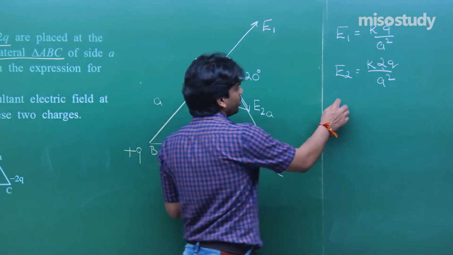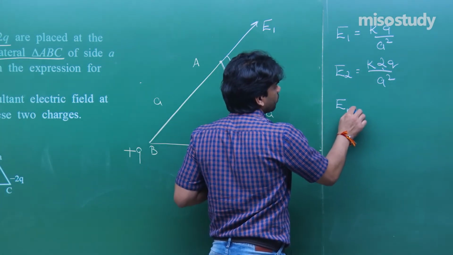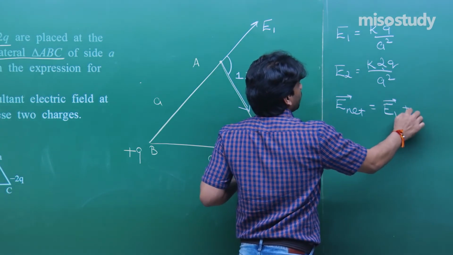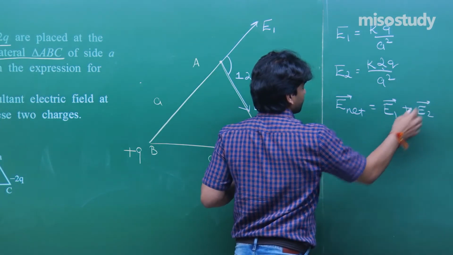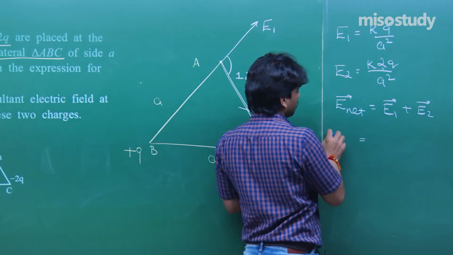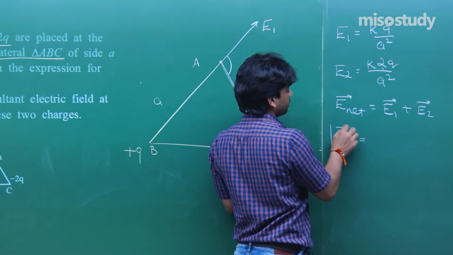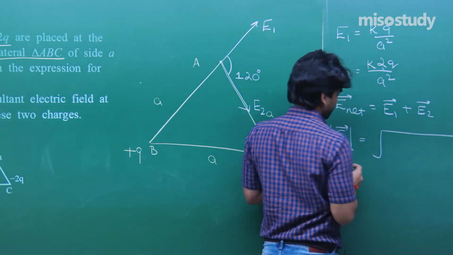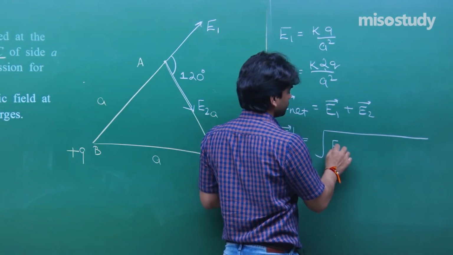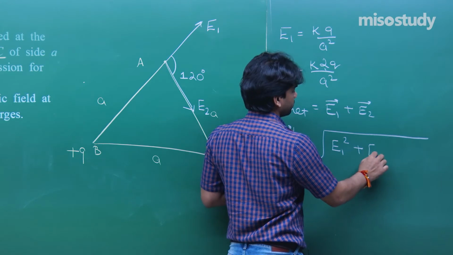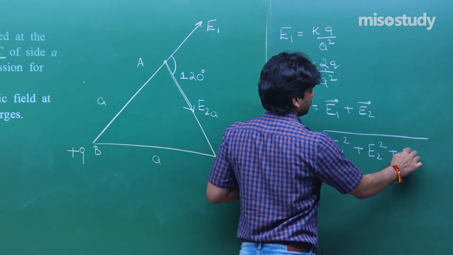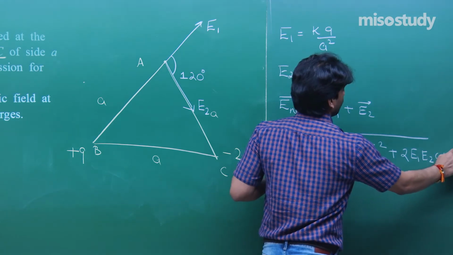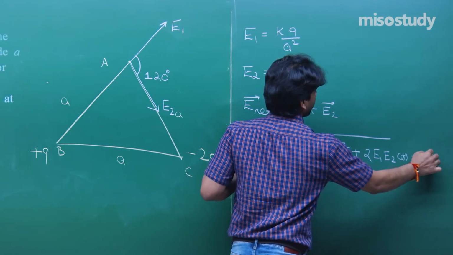So if I write the magnitude of the resultant, vectorially you have to add. So if I add them, I will be obtaining the magnitude of the net electric field. This is how we can find the magnitude.